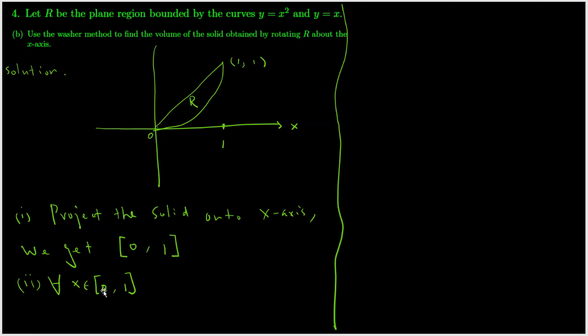For every x in that interval from 0 to 1, let's imagine x is here. R is kind of in the way. I will make the notation R in here. For every x on the interval, we need to imagine the shape of the cross-section and get the area of the cross-section.